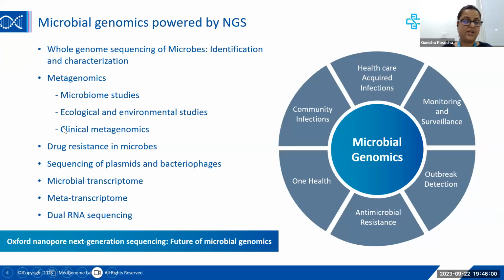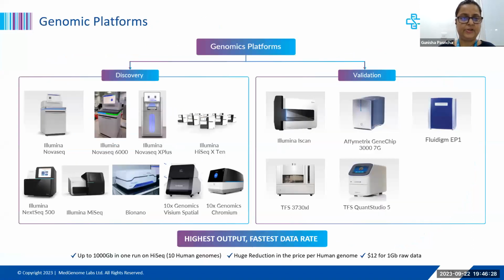Clinical metagenomics is what I was talking about, and there are a lot of projects we do for ecology and environmental studies, microbiome studies, drug resistance studies, whole genome sequencing, sequencing of plasmids, bacteriophages, microbial transcriptome, metatranscriptome, and dual RNA-seq. We feel that Oxford Nanopore sequencing is the future of microbial genomics, to reduce cost and reduce turnaround time. It will be an excellent solution.